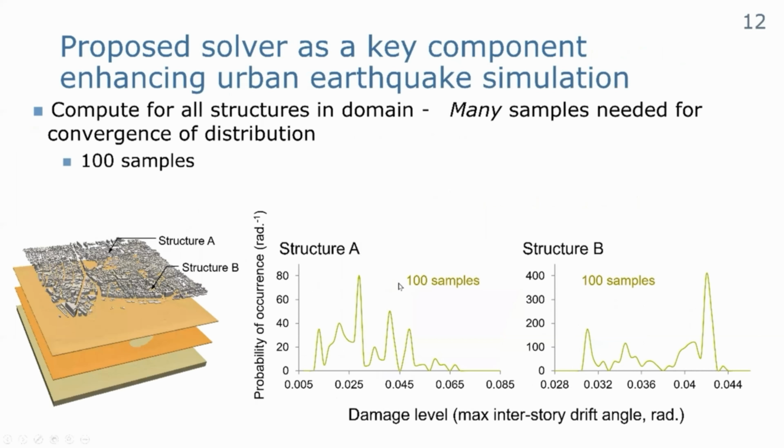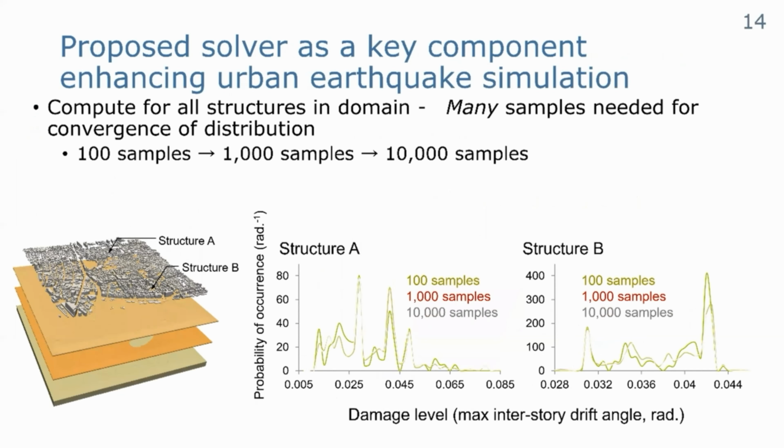Here we do the Monte Carlo simulation. First 100 samples. Here you see the stochastic response, structure A and structure B. Then 100 samples, 1,000 and 10,000 samples.